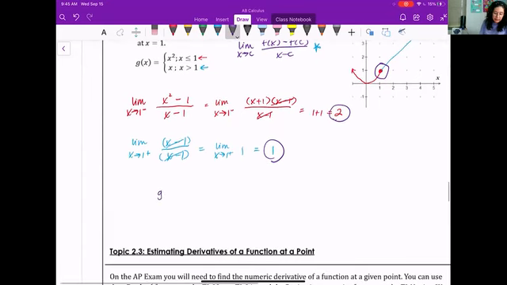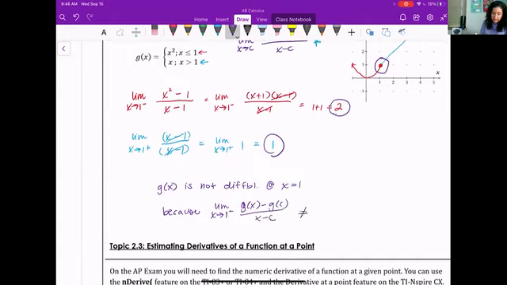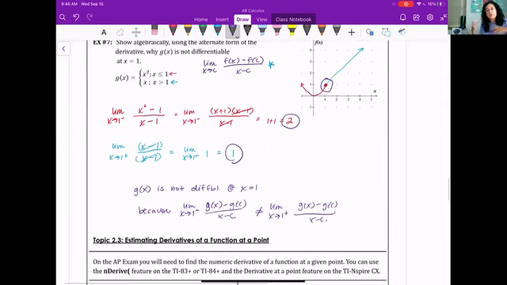So g of x is not differentiable at x equals 1, because the limit as x approaches 1 from the left of g of x minus g of c all over x minus c does not equal the limit as x approaches 1 from the right of g of x minus g of c all over x minus c. Again, the two slopes do not agree.